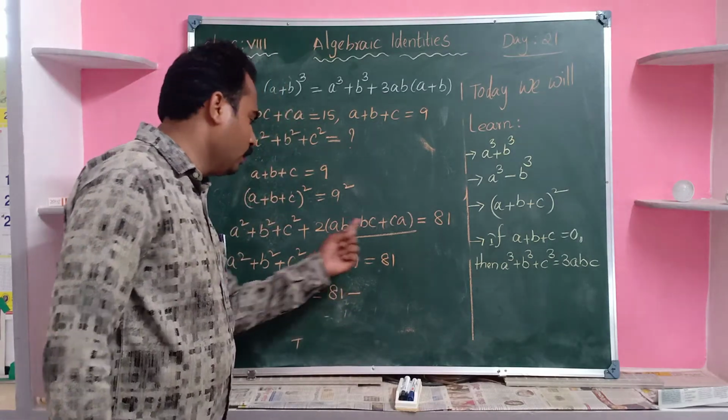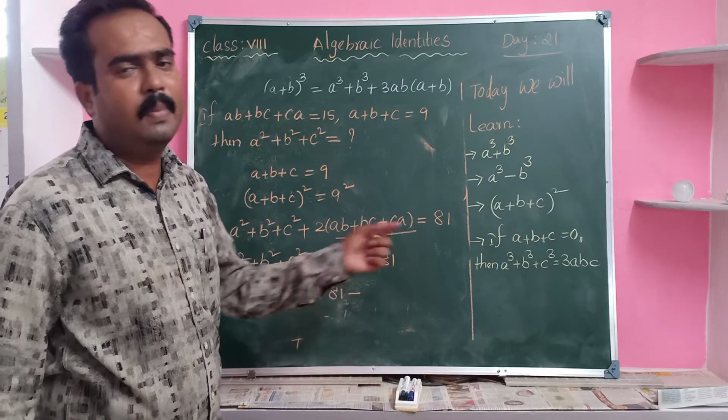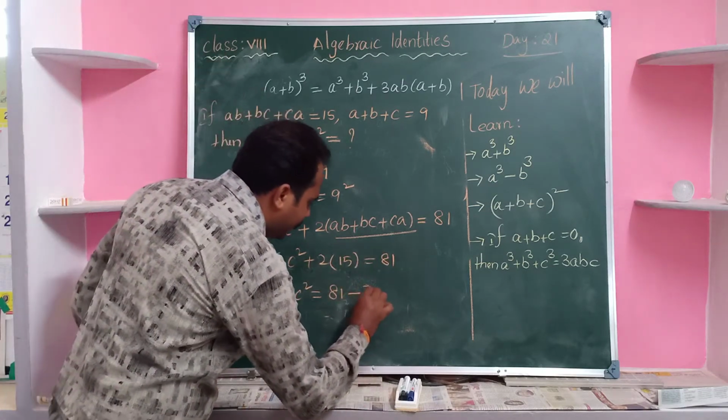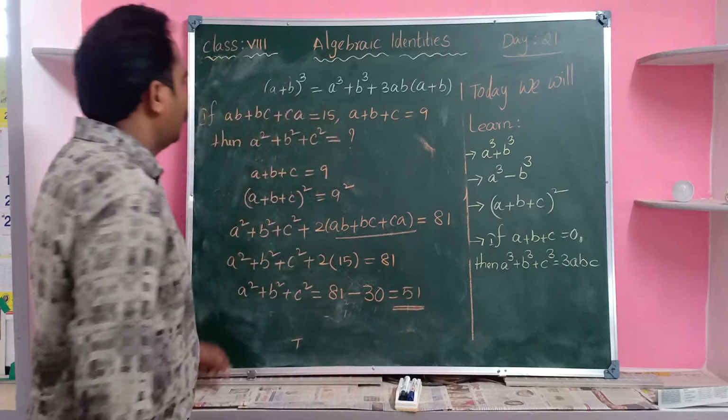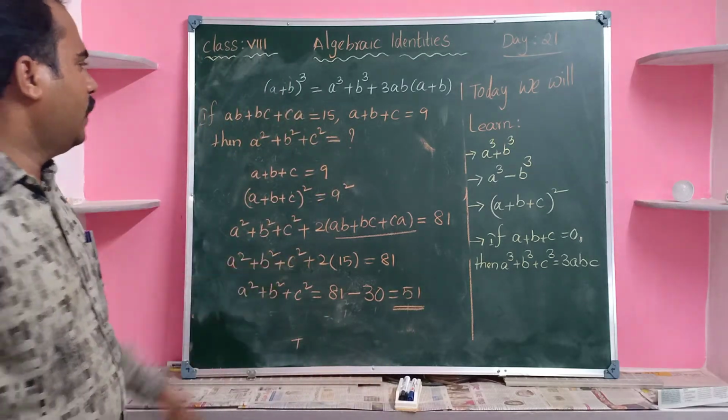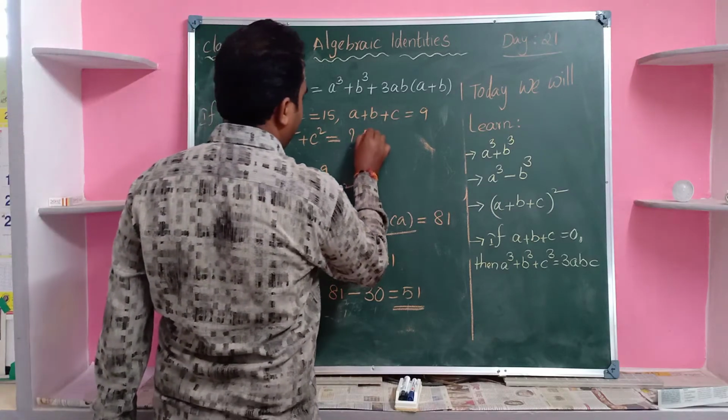Plus 30 will go that side, which means it will become minus 30. That is equal to 51. So a square plus b square plus c square is equal to 51.